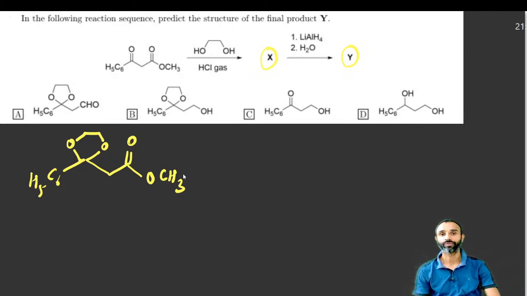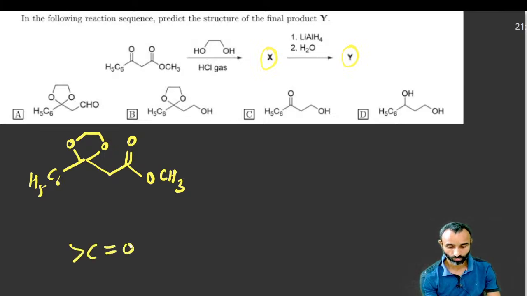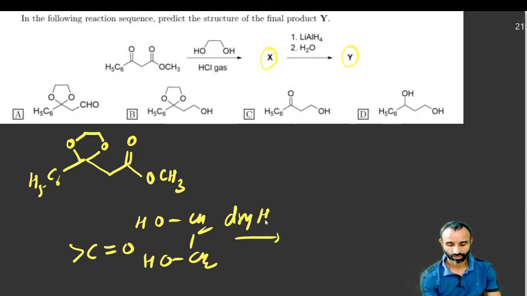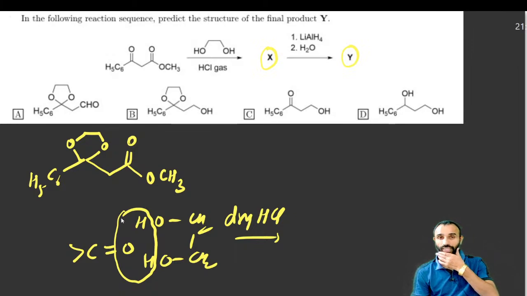Right? You know, this is the reaction. C double bond O, CH2, CH2, OH in dry HCl. We get this ketal formation.